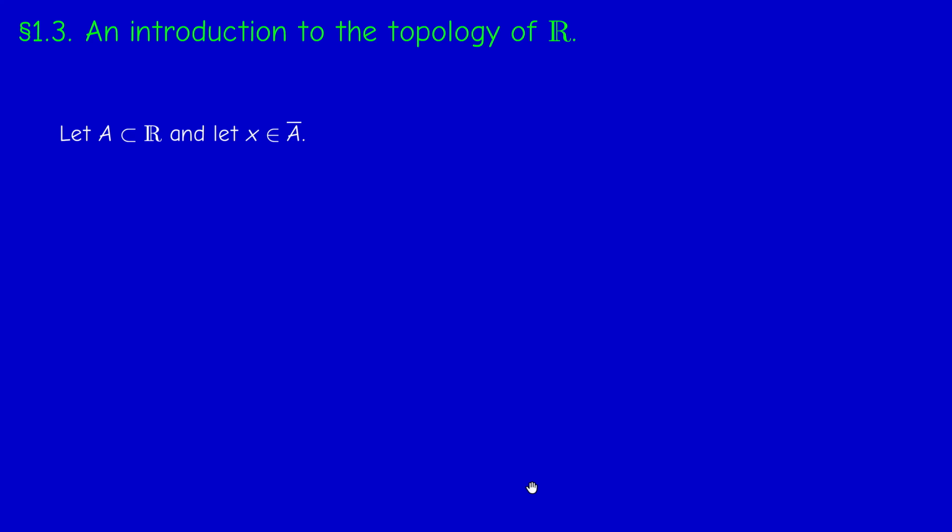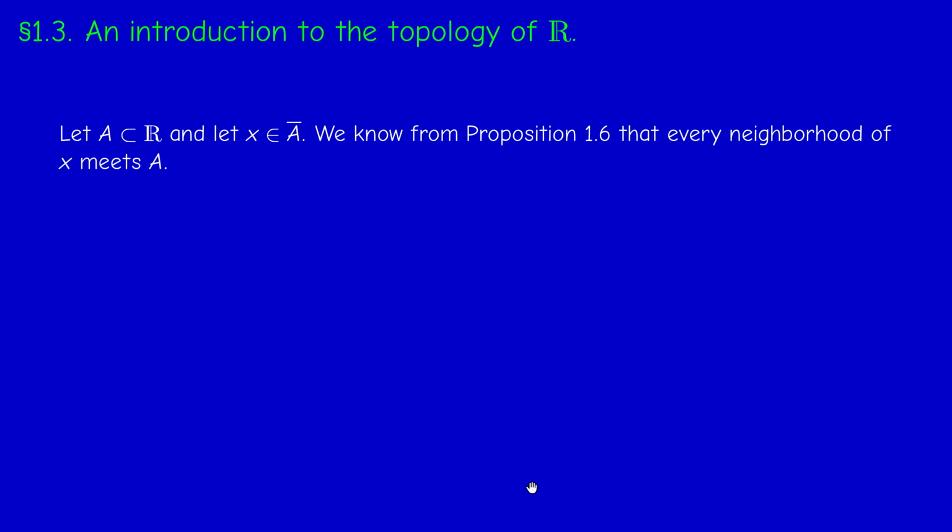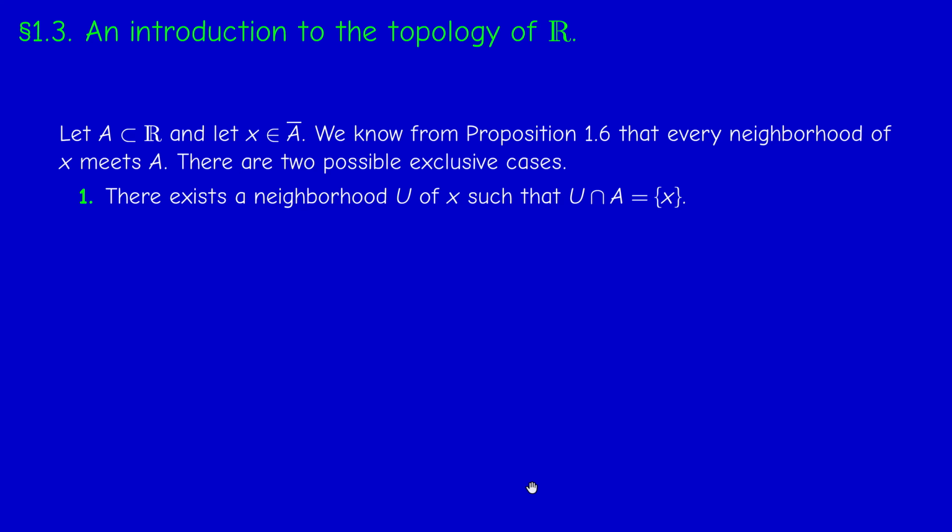Next, suppose that A is a subset of R and x is a number in A bar. Okay, we are going to classify the elements of A bar. By Proposition 1.6, we know that every neighborhood of x meets A. So we have two possibilities, two mutually exclusive cases.